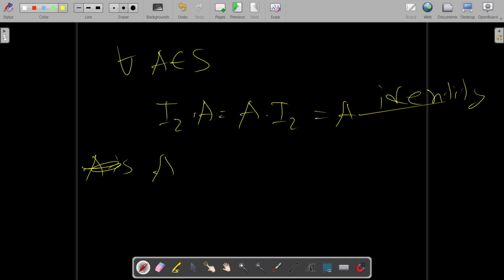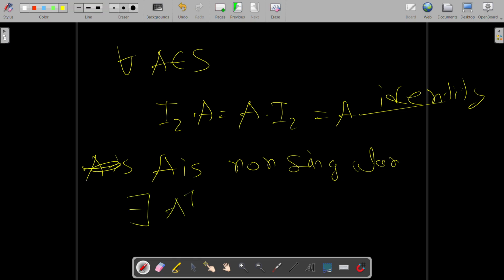And again, since A is non-singular, there will exist an A inverse such that A into A inverse equals A inverse into A equals I2.